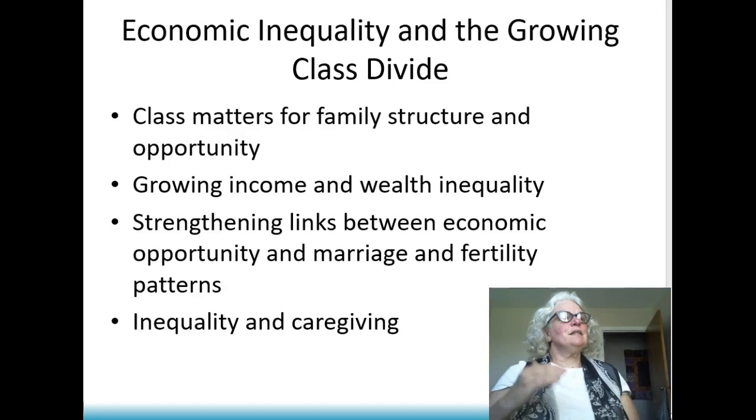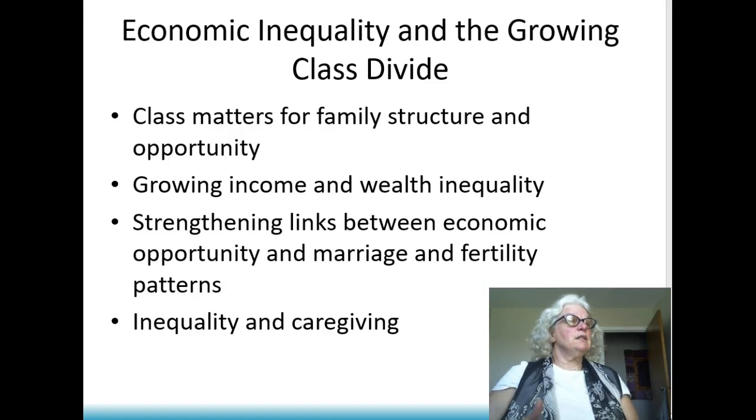The middle class is sinking closer and closer to the working class, and there is less spending dollars. That class matters for family structure. It matters for opportunity, going to college. It's important for income and wealth, and that inequality from the rich to the poor is pretty significant as we look at it. I'm going to have you look at another video, very quick one, on the inequality of income within the country.